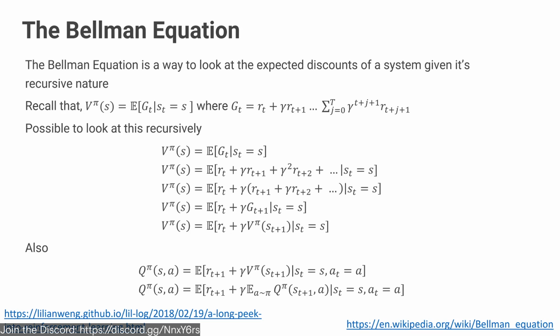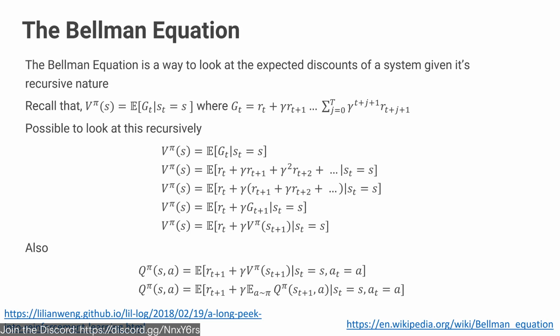Again, remembering last lecture, recall that the value function of a particular state is defined as the expected future discounted rewards given that state. Here you can see that the return is defined. We touched on this in the last lecture when we talked about the state action function.